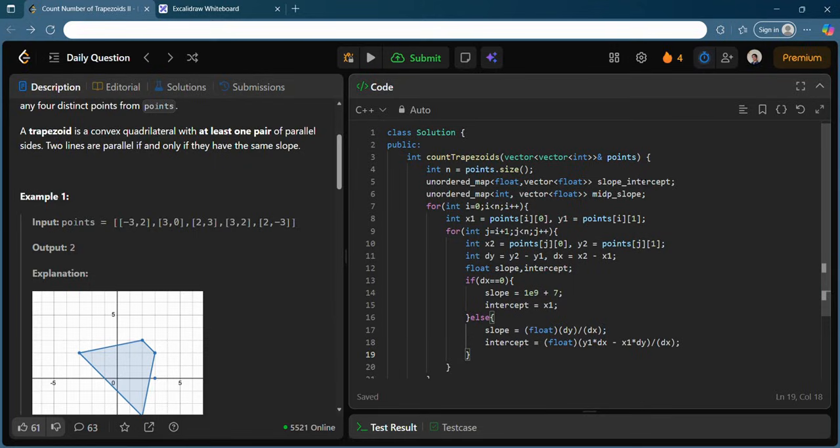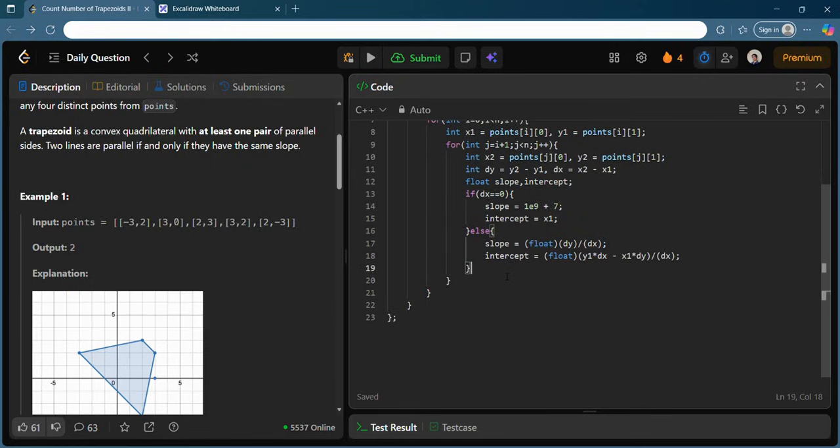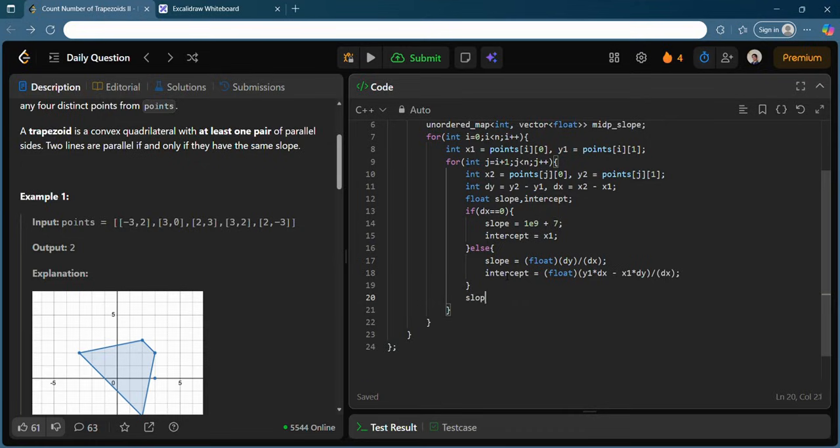After you are done with this, you can simply have this slope-intercept map. For this particular slope, you just push back this intercept, as it is a vector of intercepts. I hope you are not getting confused.